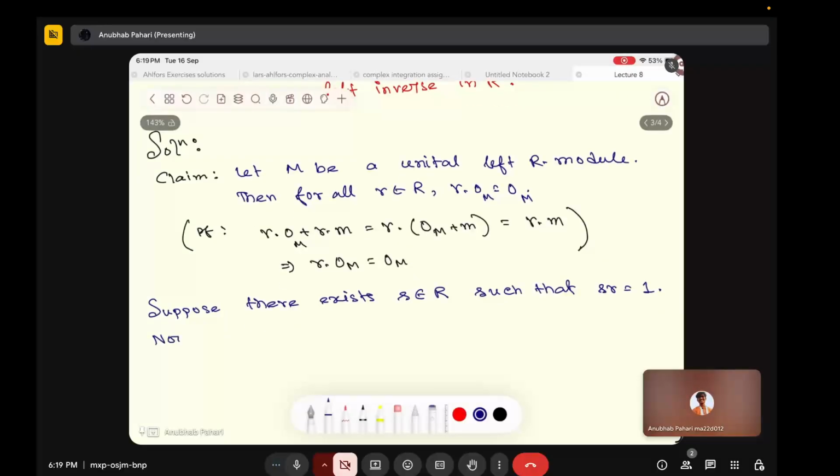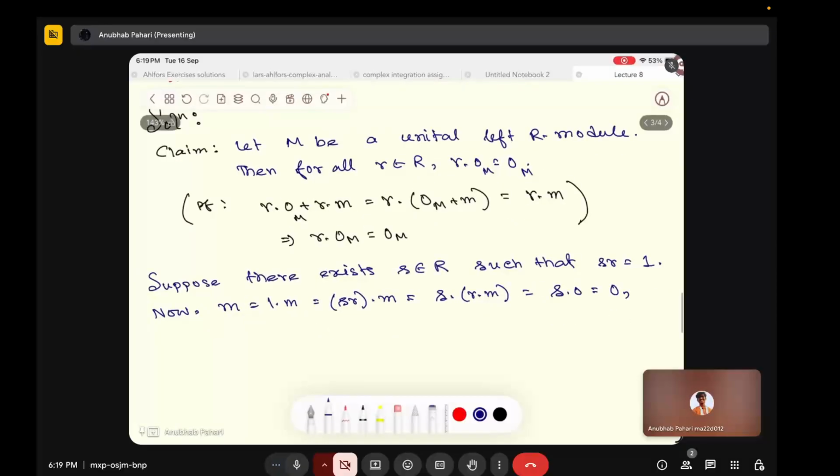Now m equals 1 dot m, that means sr dot m equals s dot r dot m, which equals s dot 0, which equals 0. A contradiction. Hence, no such left inverse exists.